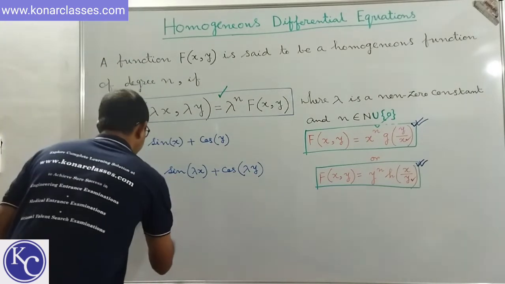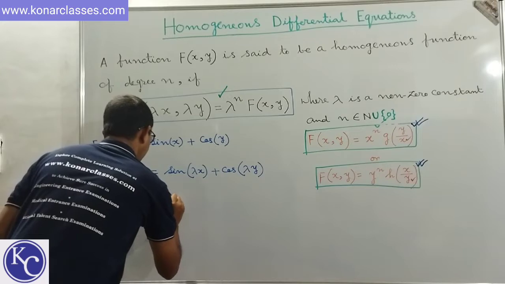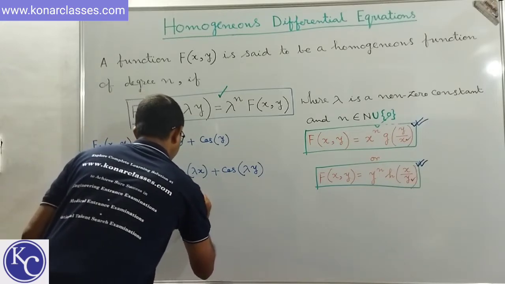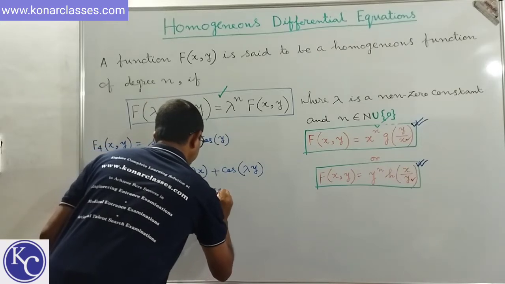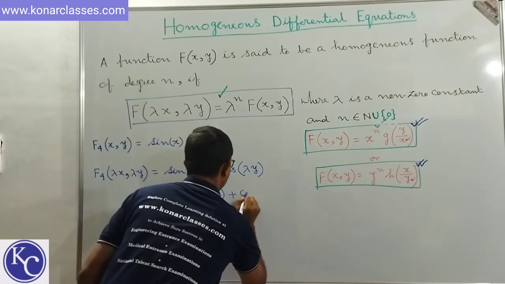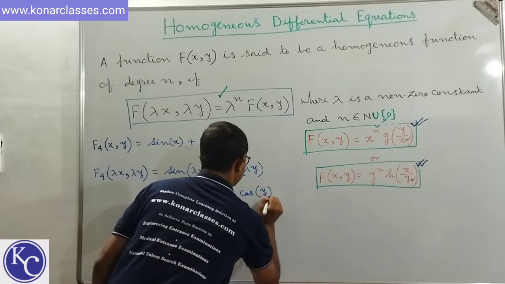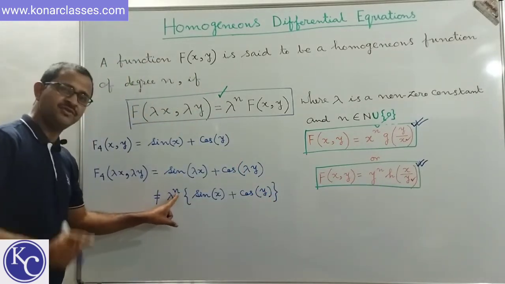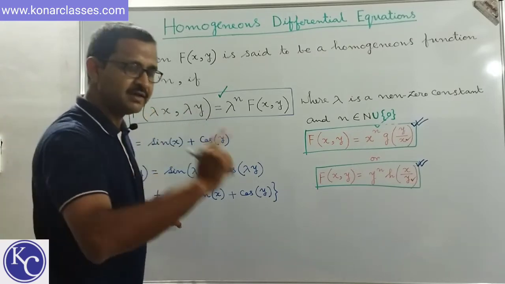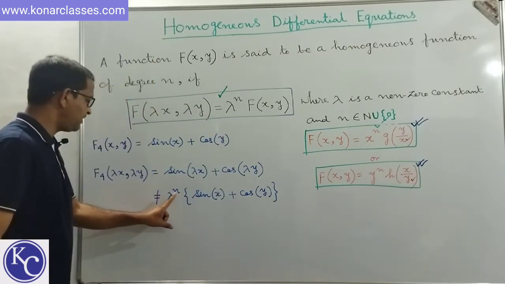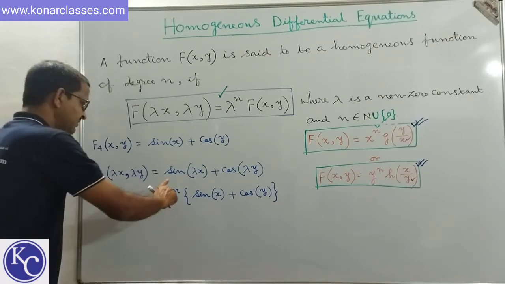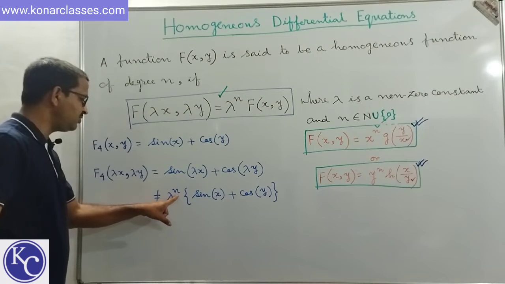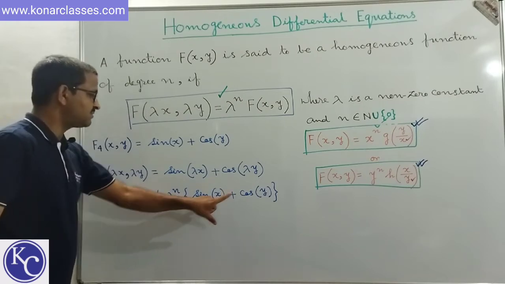Now this we cannot express as lambda to the power n into (sin x plus cos y). We are not able to, where n is 0 or any natural number and lambda is a non-zero constant. Sin(lambda x) plus cos(lambda y) we are not able to express as lambda to the power n into (sin x plus cos y).